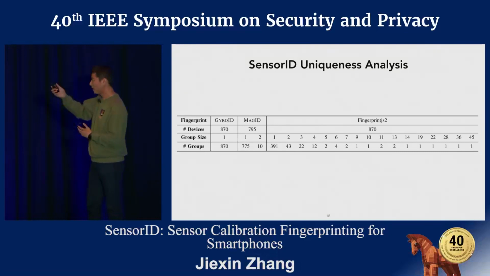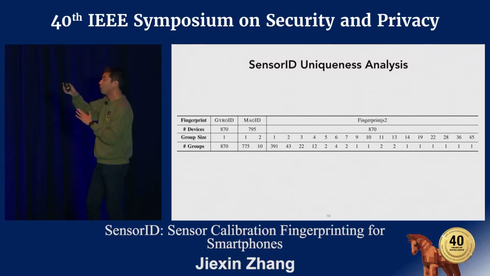For example, as you can see for FingerprintJS2, 45 out of 870 devices have the same fingerprint. And another 36 of them have another fingerprint. But all devices have a unique gyro ID. And this proves that both the gyro ID and the Mag ID have more entropy than FingerprintJS2, which stands for traditional browser fingerprinting techniques.